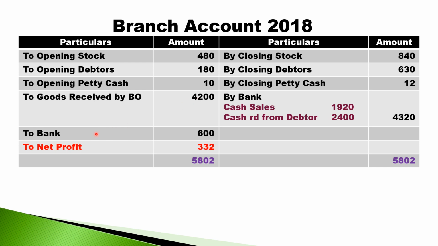And cash received by the branch from head office 600. Then closing stock of 2018, 840. Closing debtor of 2018, 630. Closing petty cash of 2018, 12. And by bank, the branch has paid to head office the cash sales and cash receipt from debtor, and then we get a net profit of 332. Thank you students.